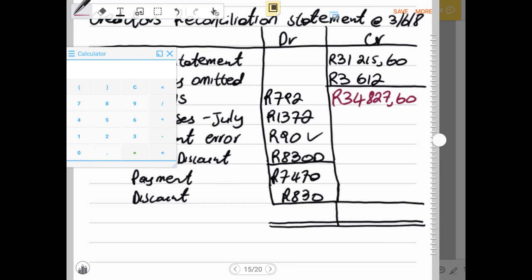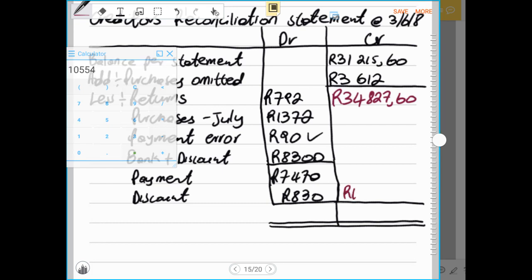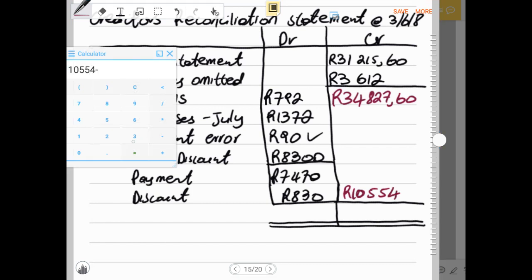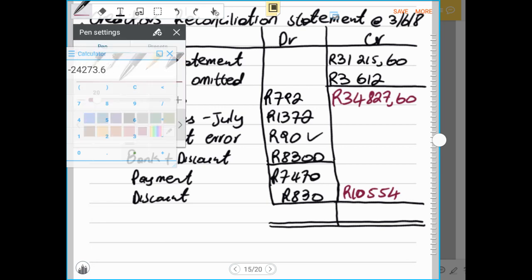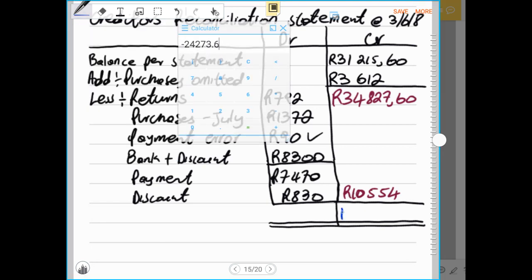Then we have to totalize 792 plus 1,372 plus 90 rand plus 8,300, which gives a total of 10,554, minus 34,827.60, and this gives us a total of 24,273.60.